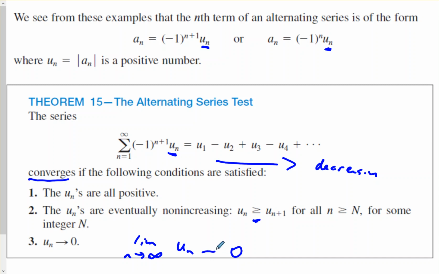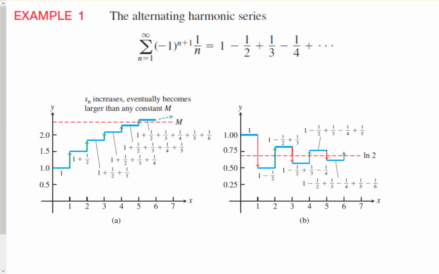So let's take a look at our next slide. If you notice, we have the alternating harmonic series from our first example, where we had the 1 and the -1/2 plus 1/3 minus 1/4. That would resemble this graphic, and it looks like, if we draw out our sum here, it's approaching ln of 2. So this one is going to converge.